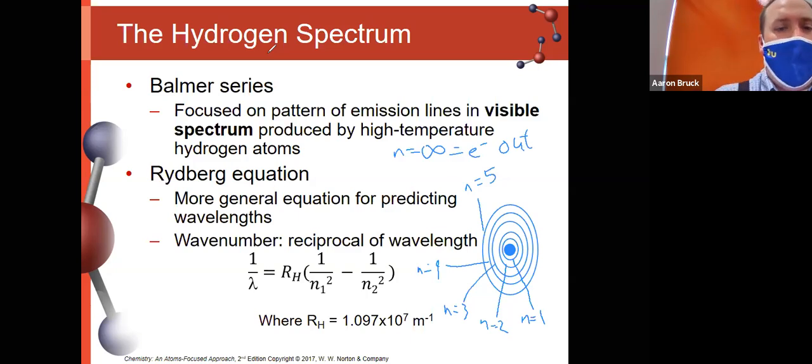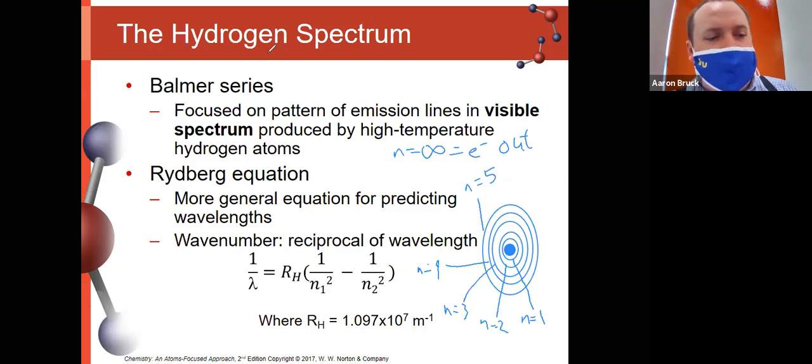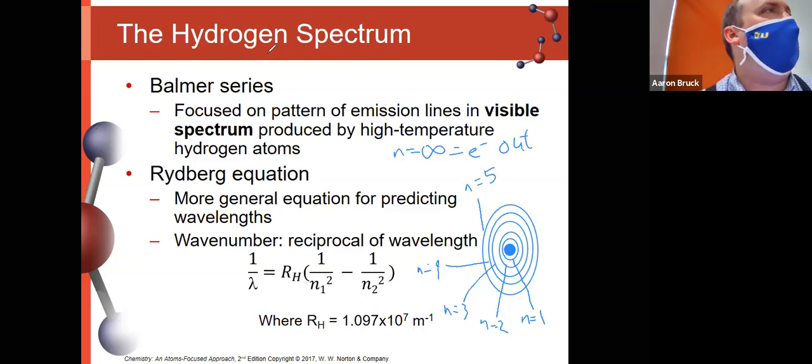And so this is what is used to help us figure out threshold frequencies. Because if we know that an electron is in the second energy level and it is going to the infinite energy level, the Rydberg equation helps us predict what the wavelength of light would be to get such a transition to take place. So the Rydberg equation gives us a general equation for predicting wavelengths associated with given transitions.